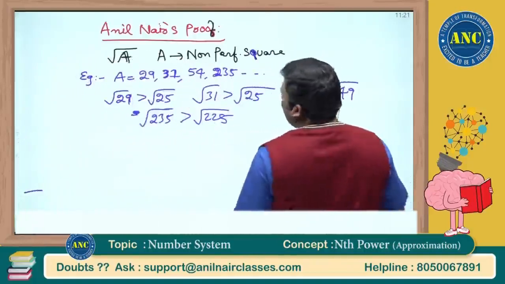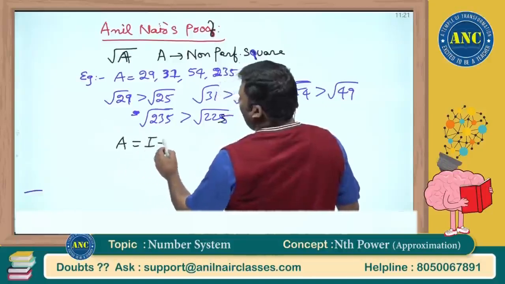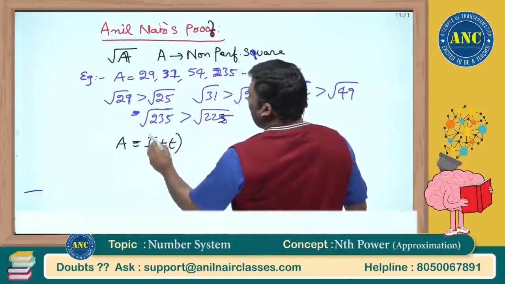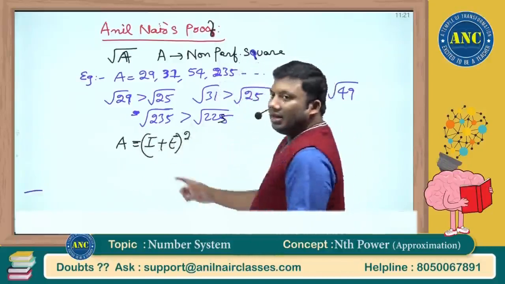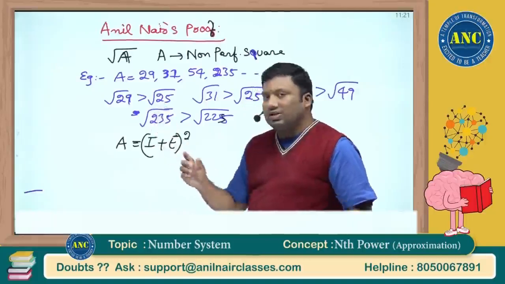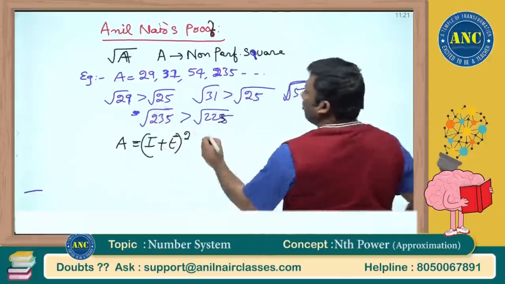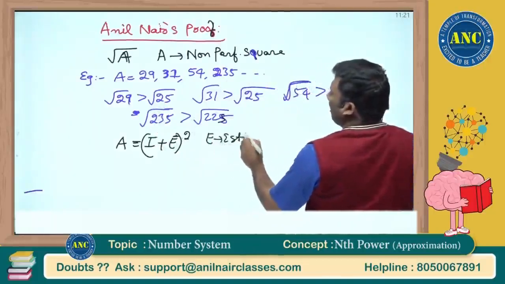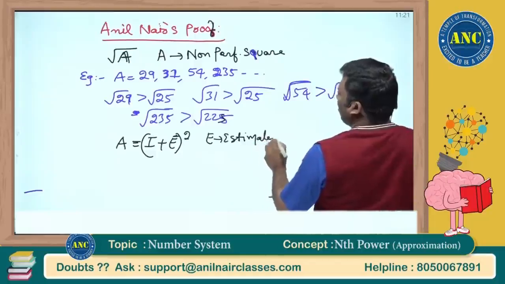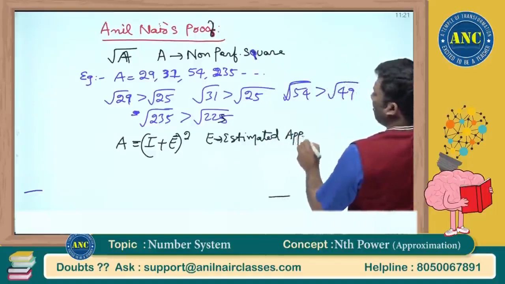Let A be nothing but I plus E whole square. What is I plus E? I is nothing but the nearest integer. E is nothing but an estimated approximation.